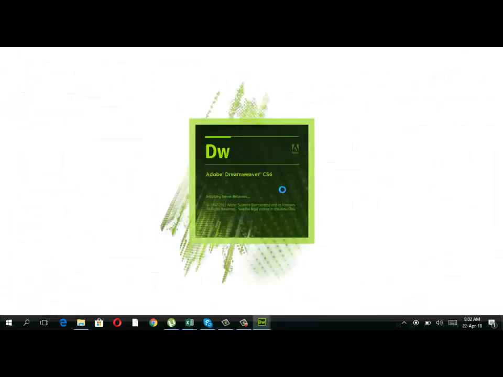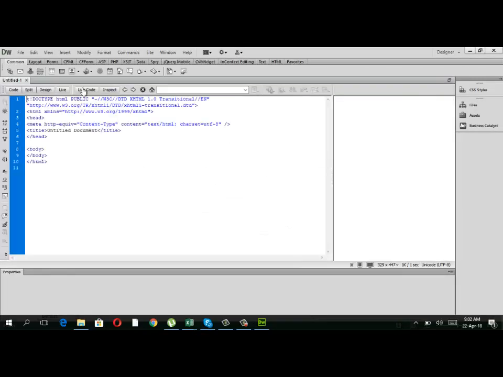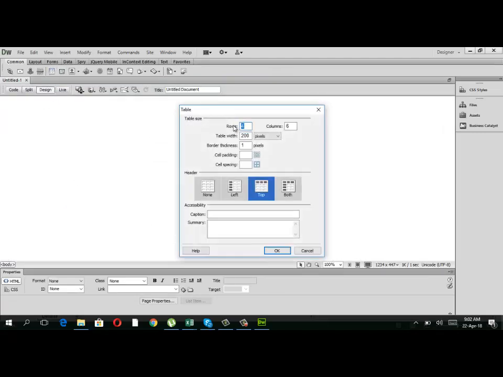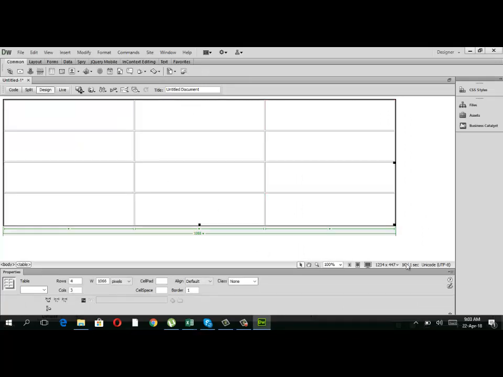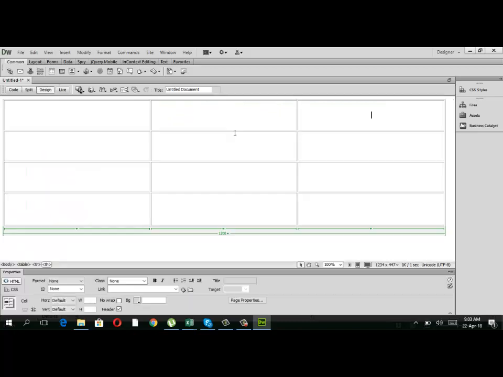Okay, in Dreamweaver there was another point. Although this was again not very technical, yes, it was a good point. The examiner said that we are supposed to make 4 rows and 3 columns. Okay, and we were supposed to make the entire table width 1200.